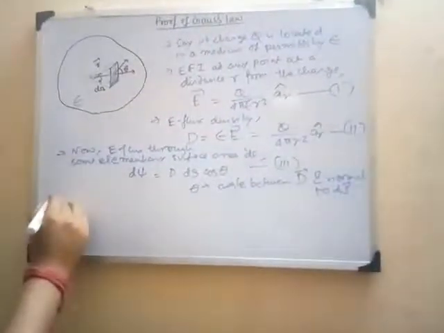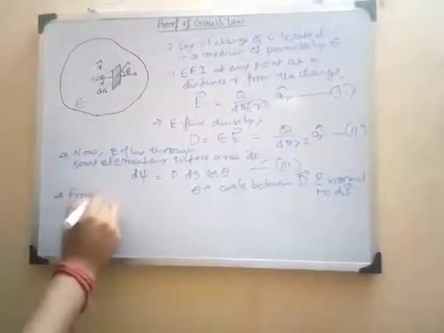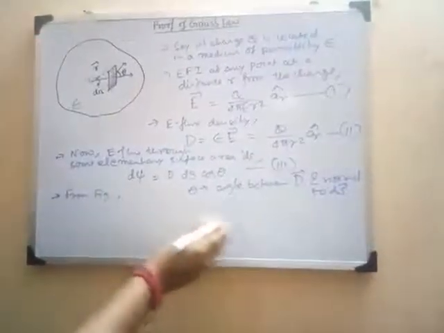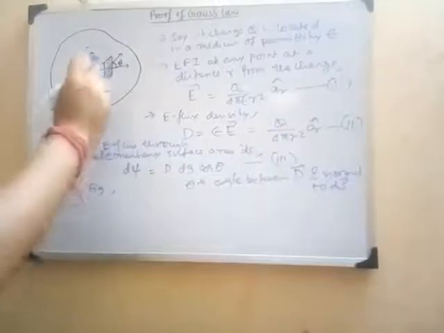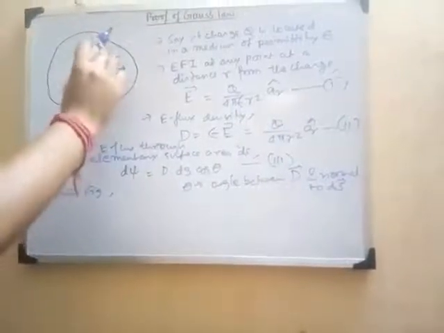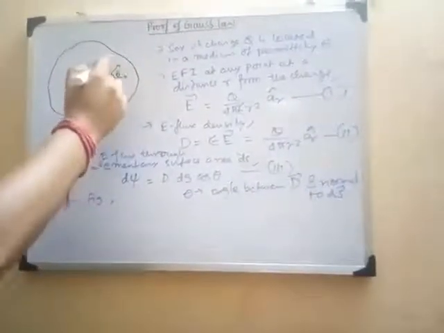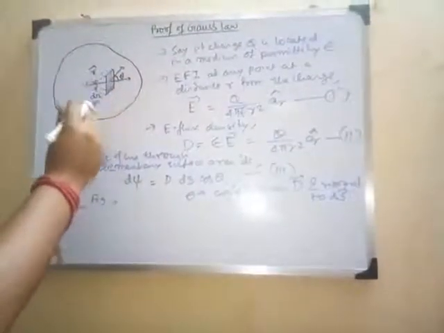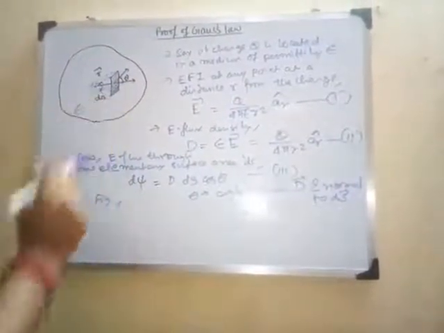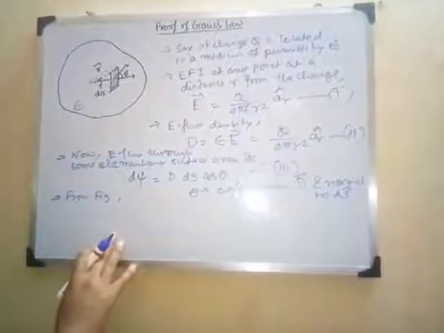From the figure we can write, and from the definition of solid angle, since this is a 3D one, this is some plane, a surface kind of thing. The angle subtended will not be a 2D one, it will be a 3D angle, which we call a solid angle.